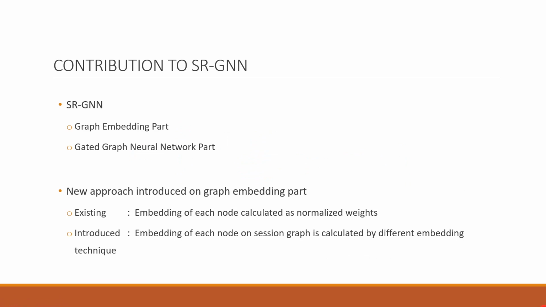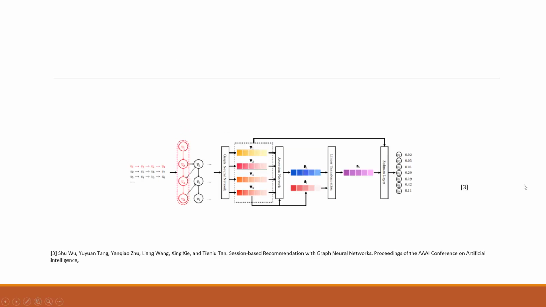The original SR-GNN calculates each node's embedding value as normalized weights of neighboring nodes. In our study, we have replaced the current embedding technique with different embedding techniques, hoping to represent nodes in a better and more meaningful way.